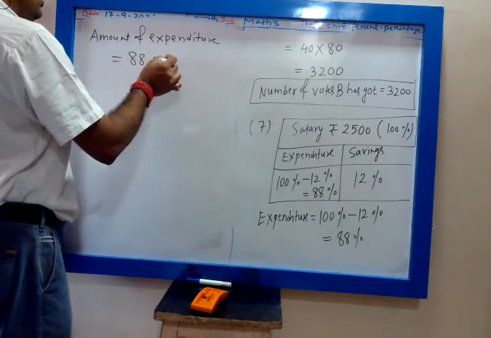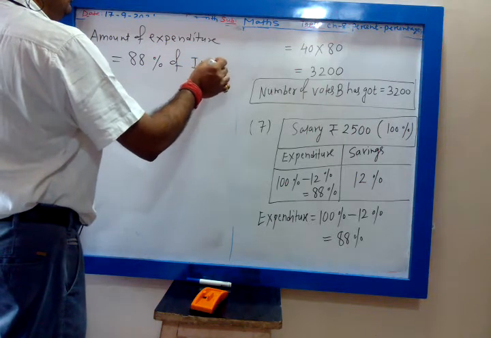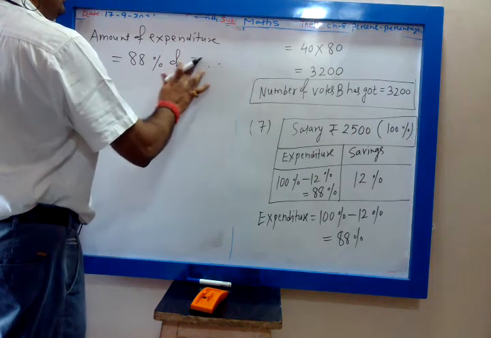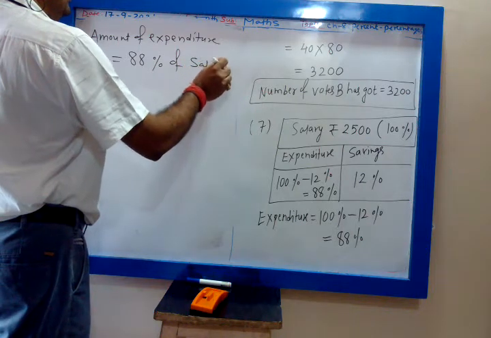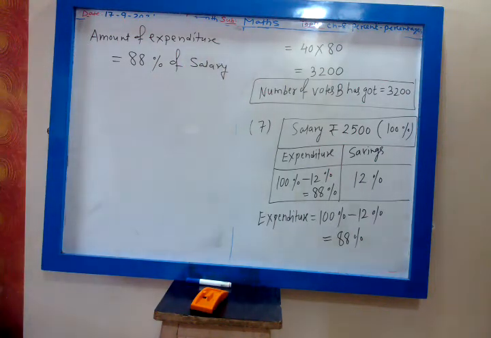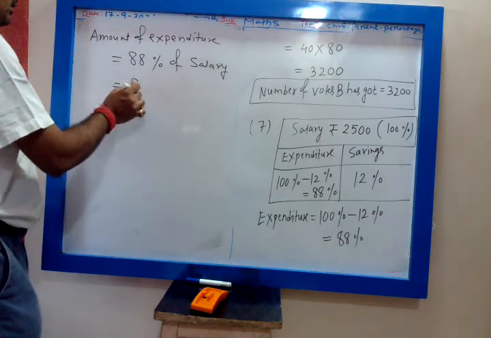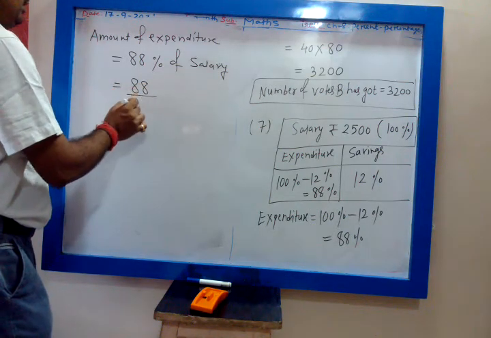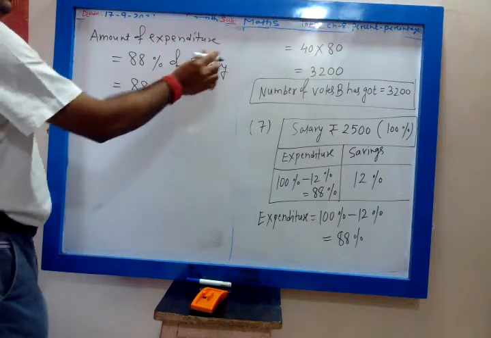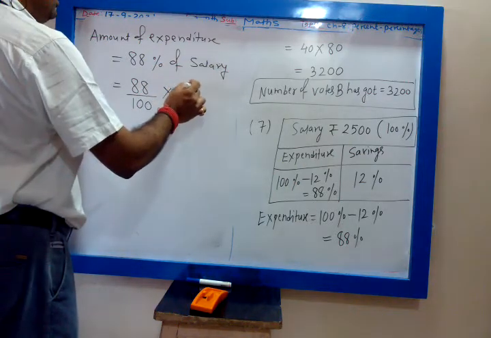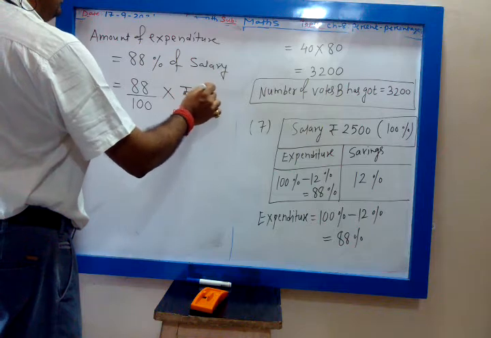88% of income, total income, and income is the same as salary. 88% of salary. What do you mean by 88%? 88 upon 100. Of means multiplication. Salary is rupees 2,500.